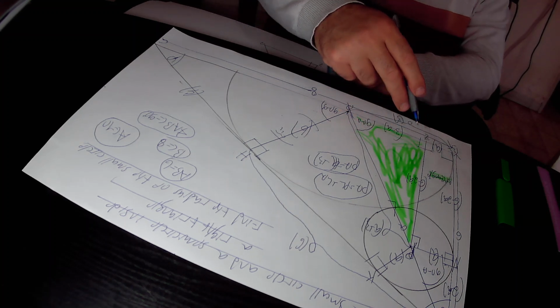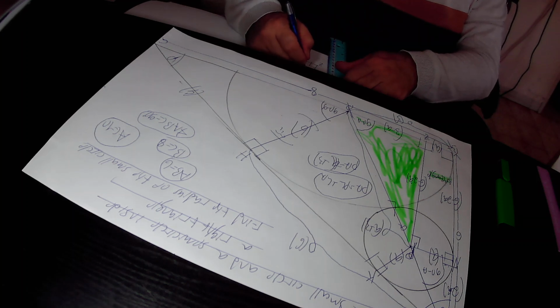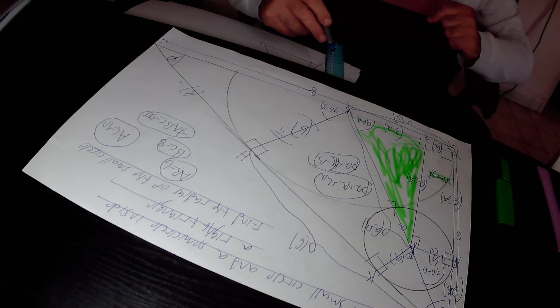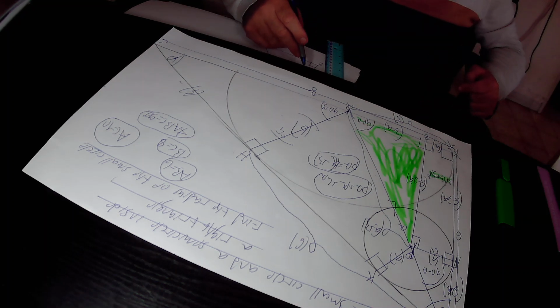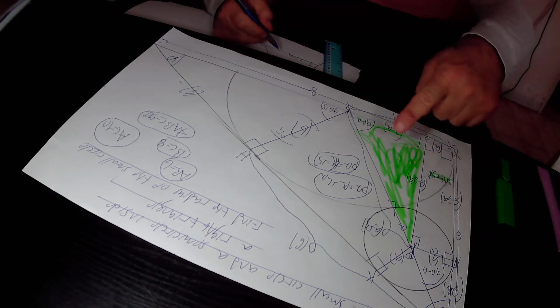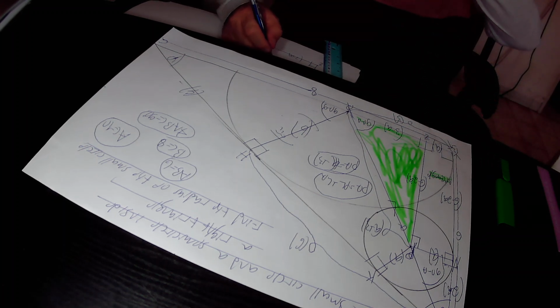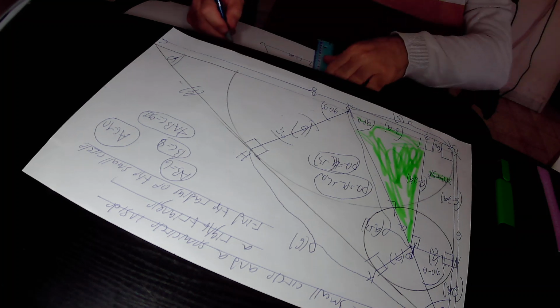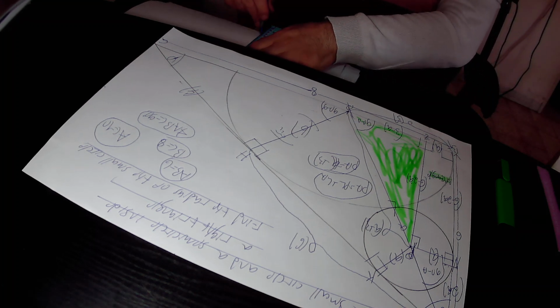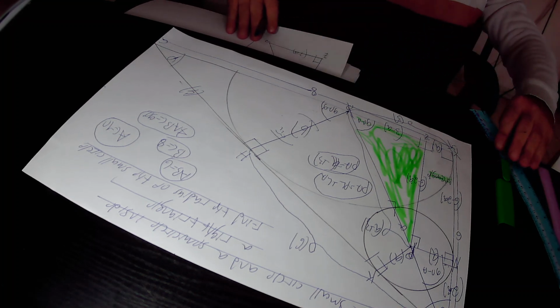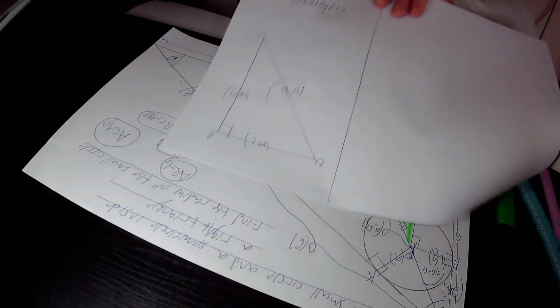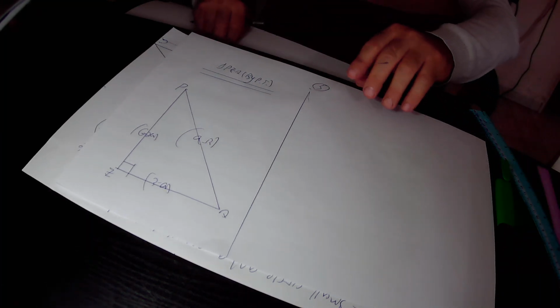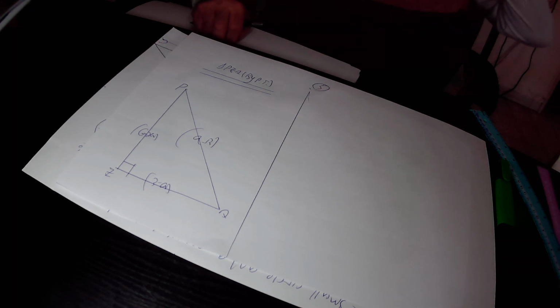Side PZ equals 6 minus 2A. Side ZQ of the green triangle equals 3 minus A. And finally the hypotenuse PQ equals A plus 3.